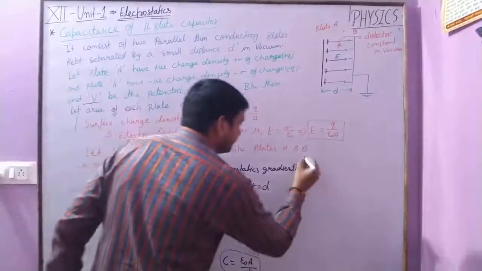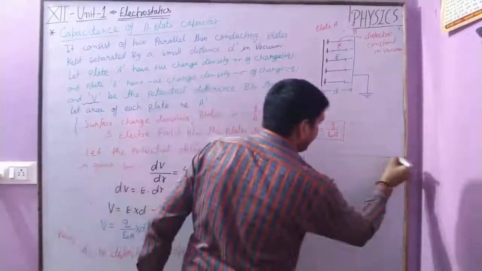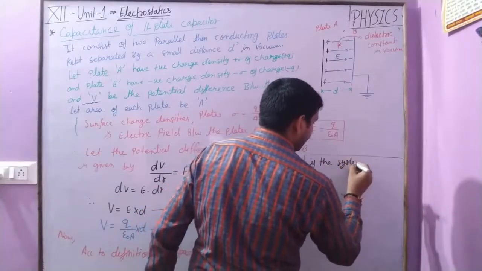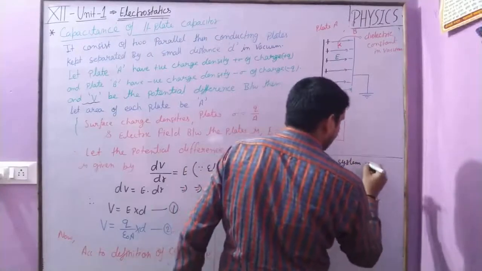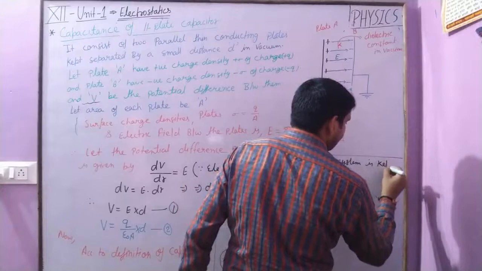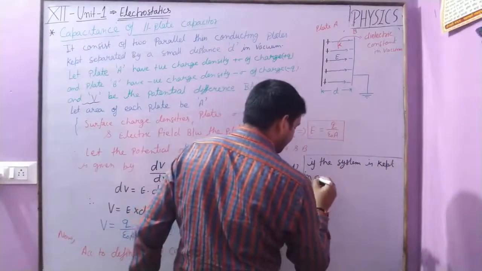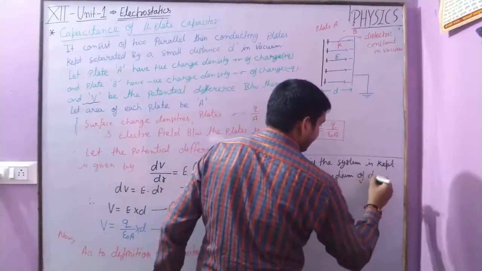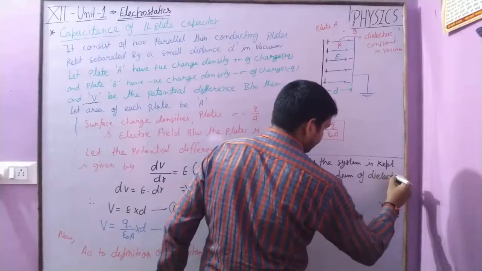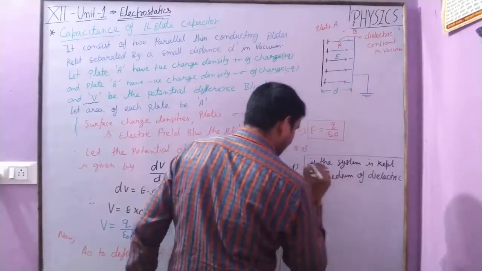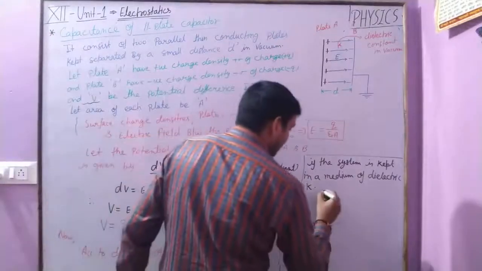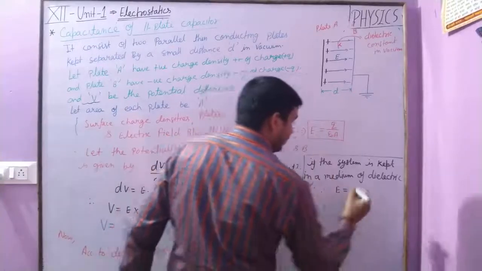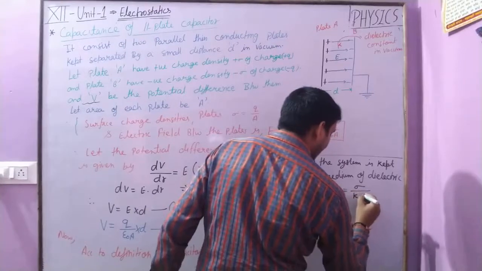Okay, now if the system is kept in a medium of dielectric K, therefore the electric field will become sigma upon K epsilon naught.